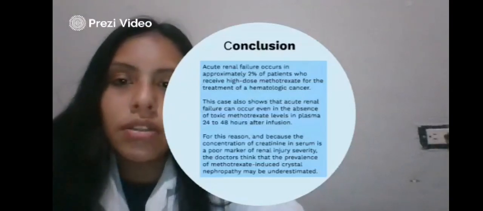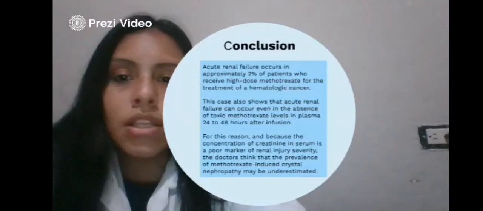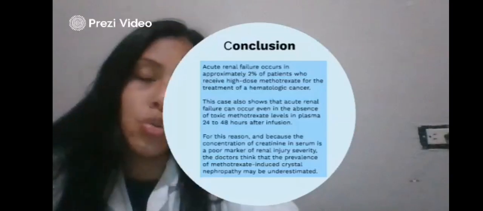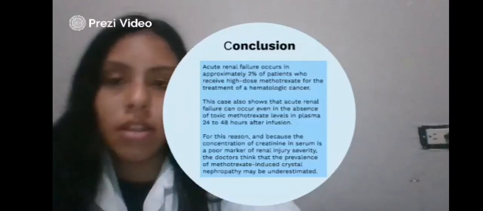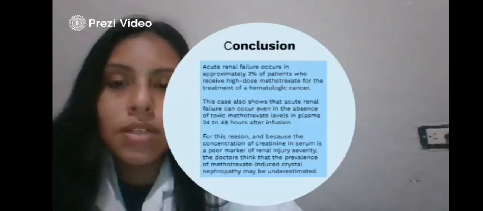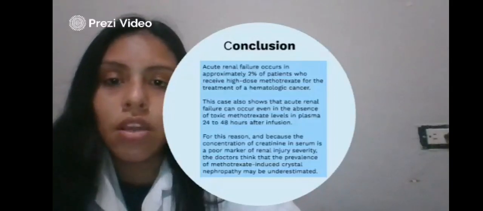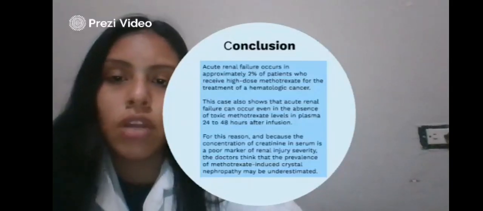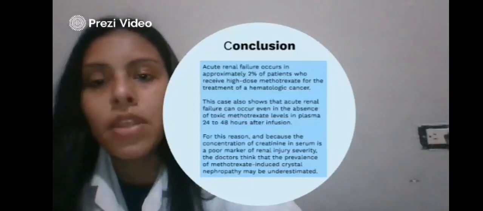Conclusion. Acute renal failure occurs in approximately 22% of patients who received high-dose methotrexate for the treatment of hematologic cancer.